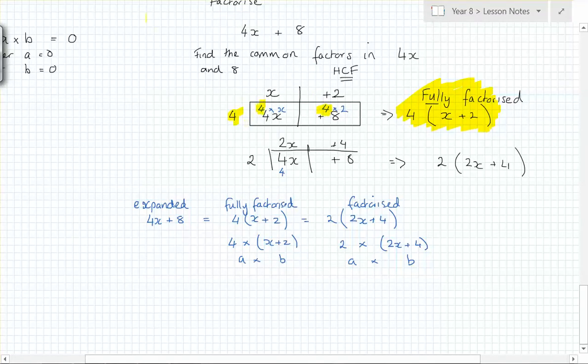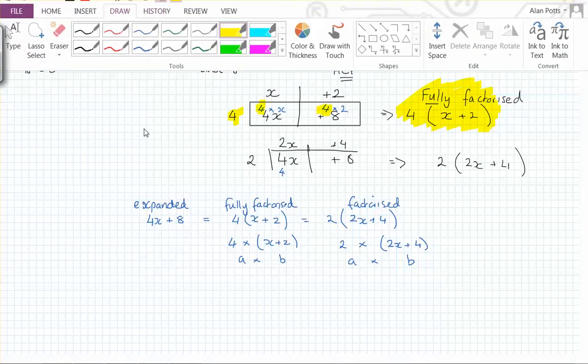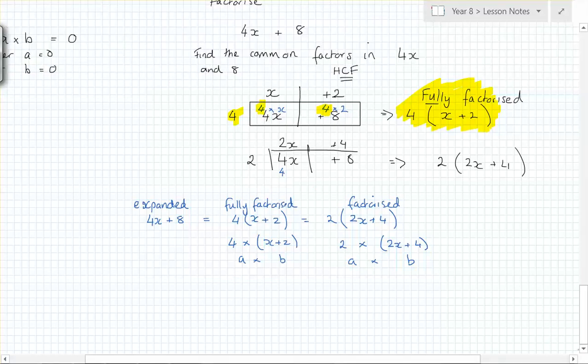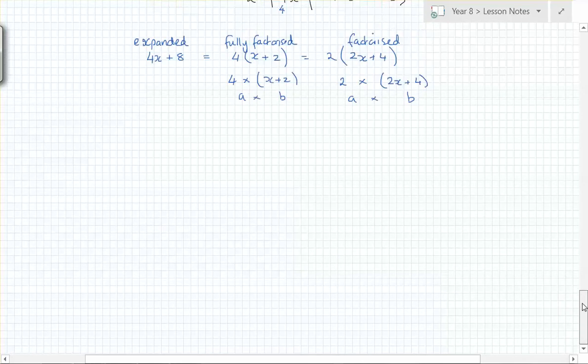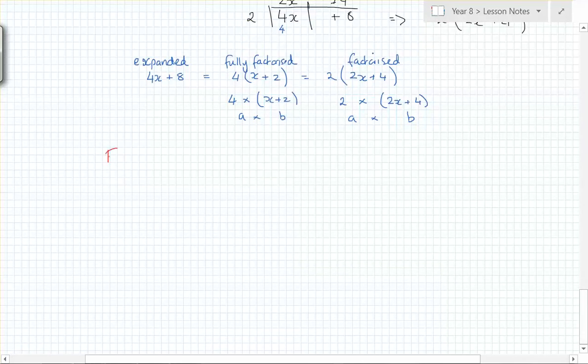So what if it was 5x plus 8? If I said to you, sorry, I've gone a bit fast, I will go back if you want me to in a sec. What if I said to you, factorise 5x plus 8? Archie? You can't do it.